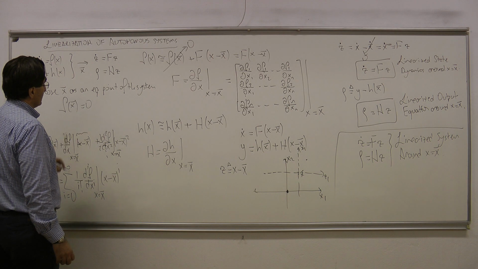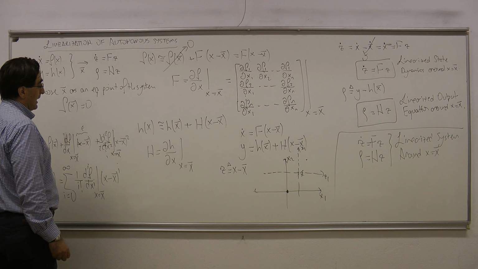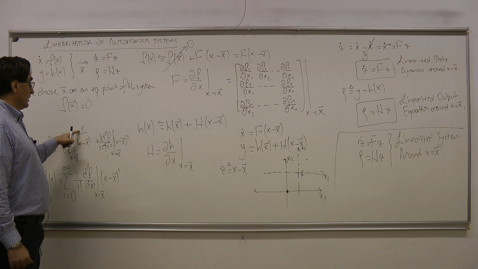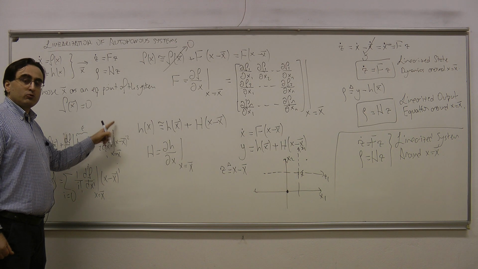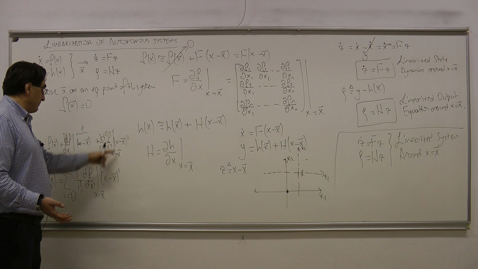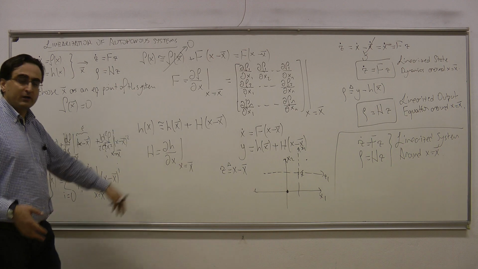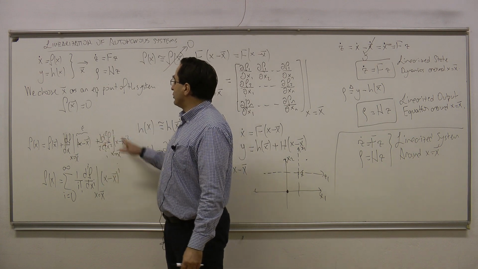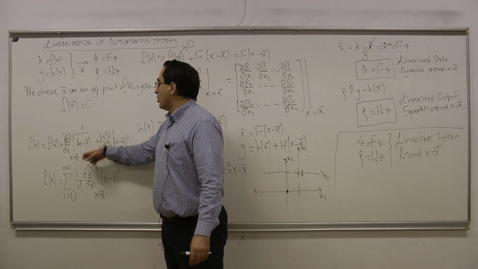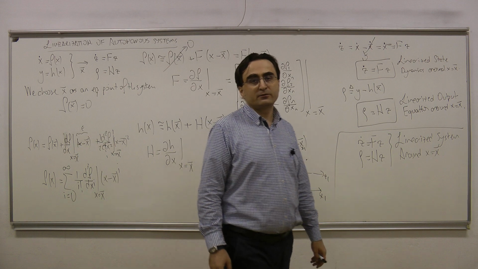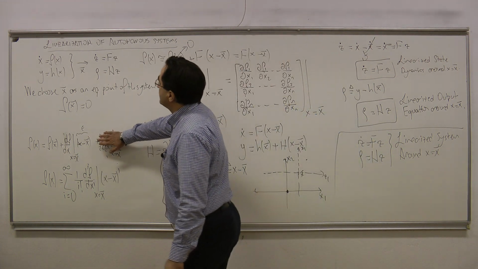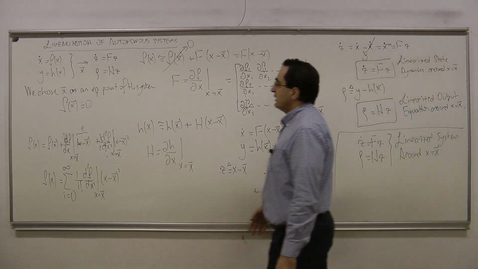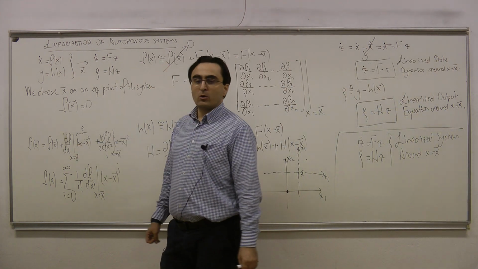If this thing is small, suppose that this is epsilon, and suppose that epsilon is a very, very small number, in that case, epsilon square would be even smaller, and epsilon cube, epsilon fourth order, would be even smaller. Okay? And that would make these higher order terms here much smaller than the first order term that we use. So neglecting these higher order terms would be a good approximation if x minus x bar is a small number.